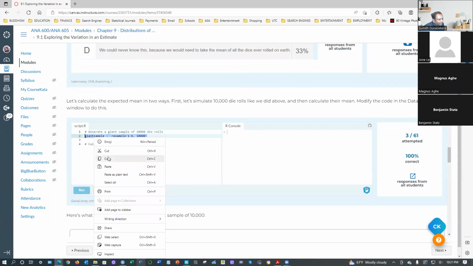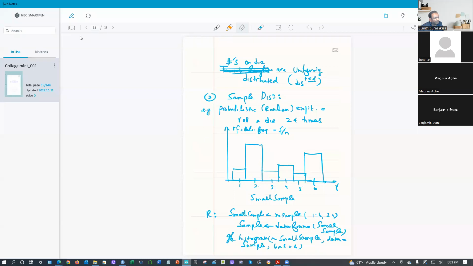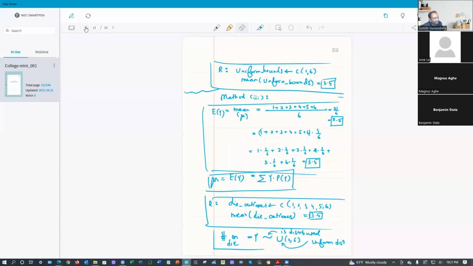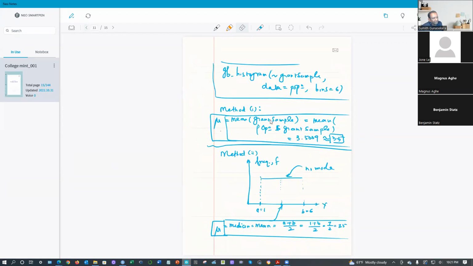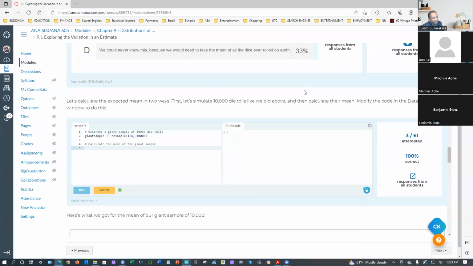And for this one, copy, and then giant sample. Can you remember this one? We call this one mean. Go to giant sample, or you can put it into a data frame. The population, I made it a population, okay, like that.